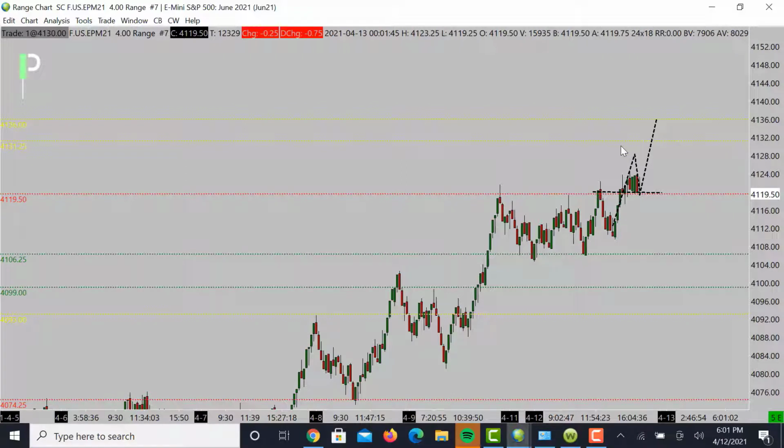This would be a better type of pullback for me, and then a continuation of move. That would be more of an idea of a long for me right here. Not to say that it won't happen off of this prior level of resistance, but it just doesn't seem too likely for me. So I'm going to look to see if we get back underneath, and I may short it back into the middle of the range if we get that opportunity.